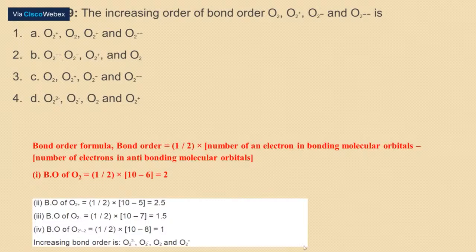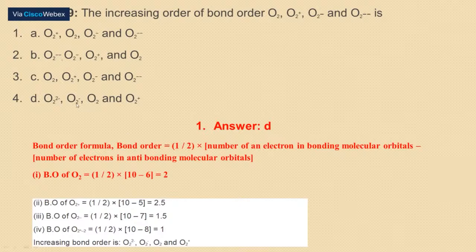The highest bond order is in O2 plus, so if you place them in increasing order of bond order, the answer is D. O2 2 minus comes first, with bond order 1.